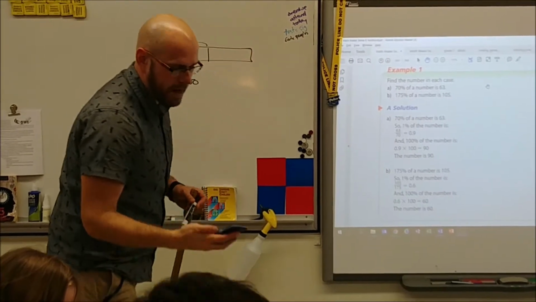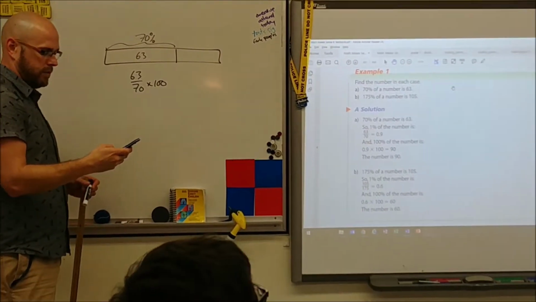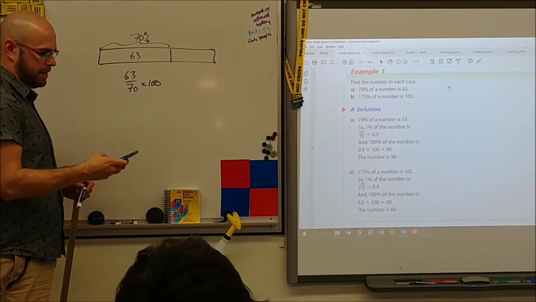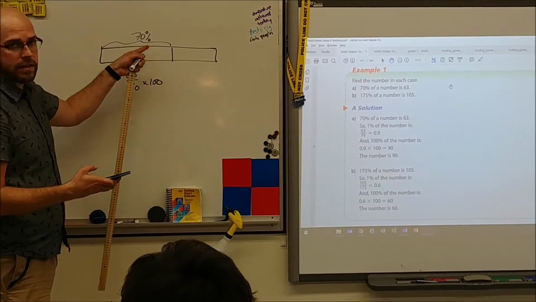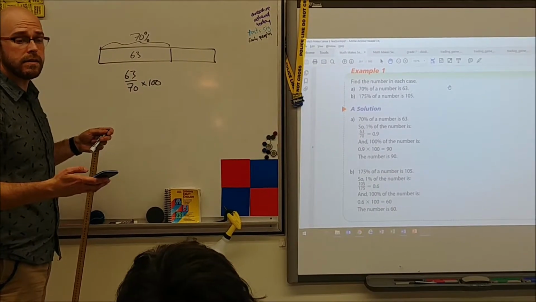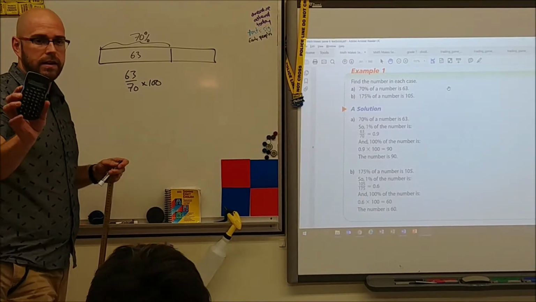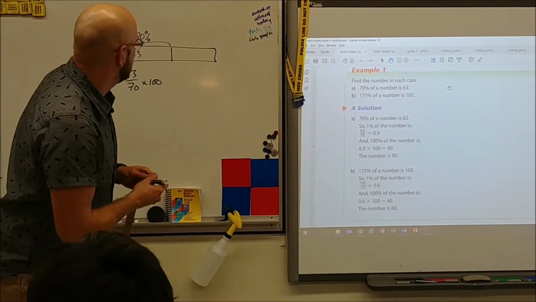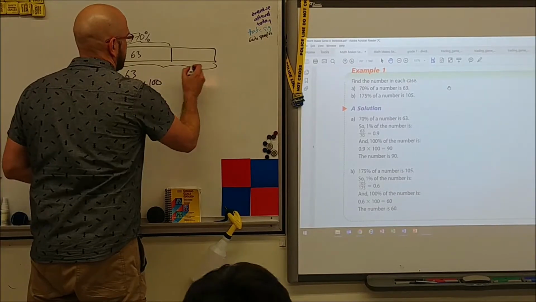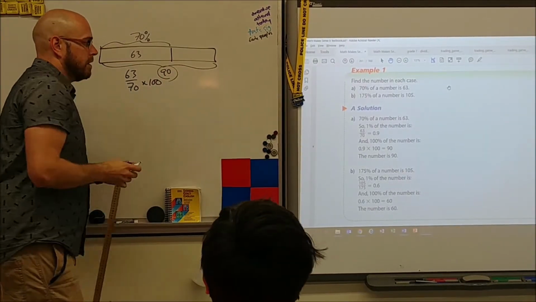Once we do that, 63 divided by 70, times 100, and we have 90. So we found out that the overall is 90.